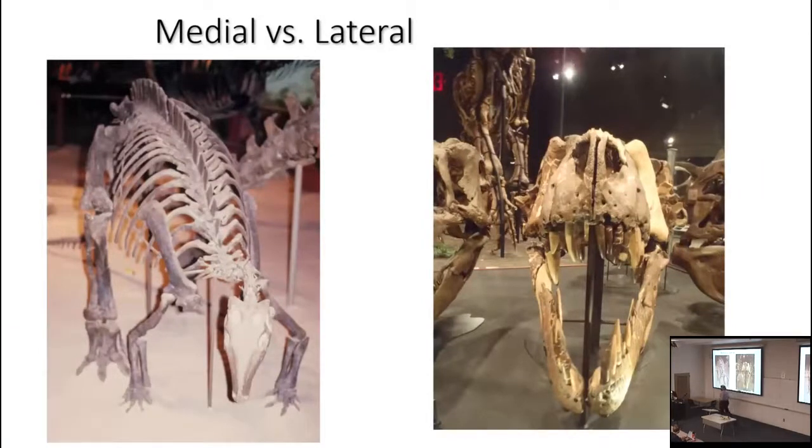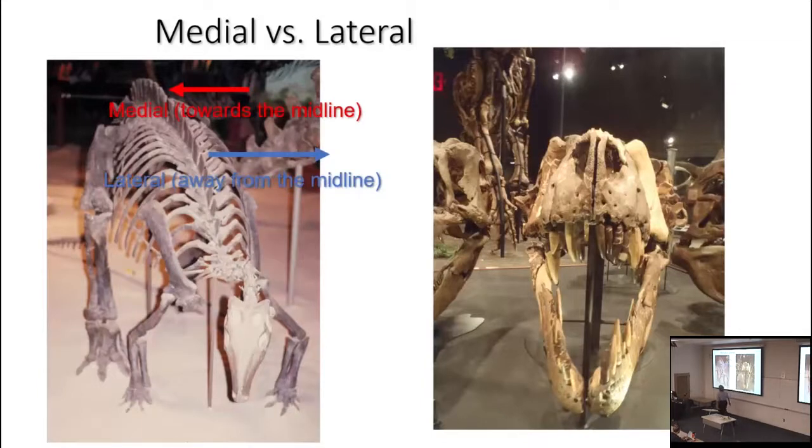We vertebrate animals, and indeed many types of animals, are essentially bilaterally symmetrical. We have a midline plane, a sagittal plane down the body, and mirror images of most body parts on the left and the right. So medial is towards that midline, and lateral is away from that midline.